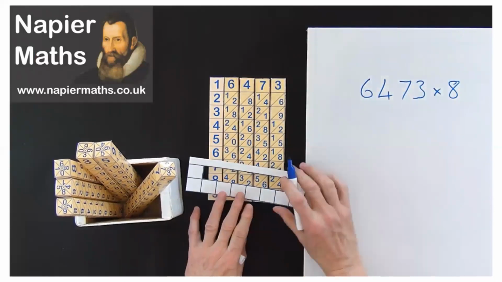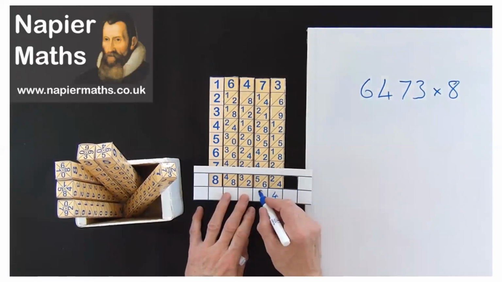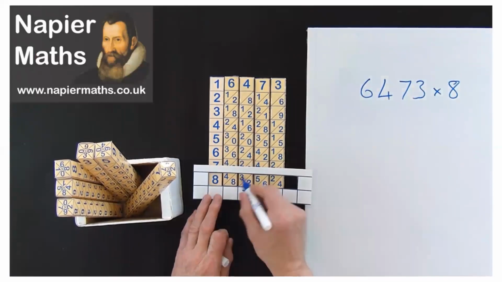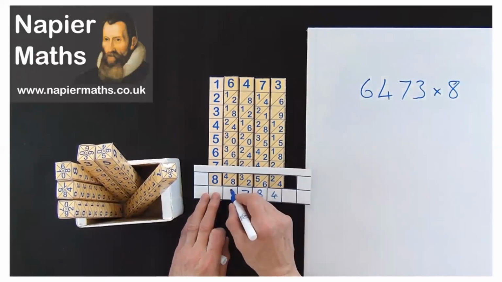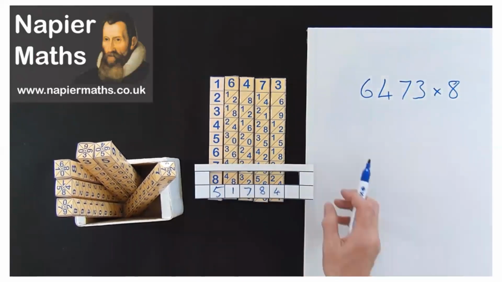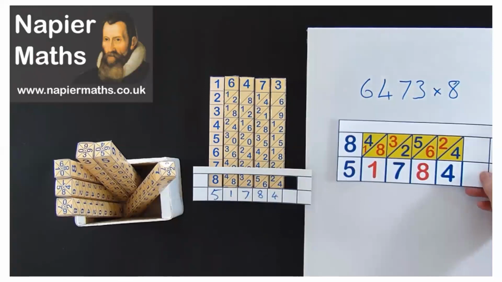So there's only 1 in the first bit there. So you get 4 there, 2 plus 6 gives you 8, 5 plus 2 gives you 7, 8 and 3 gives you 11. So that's 1, carry 1, and we get 5. So we get 51,784. Awesome. Now, I'd like to show you a bit bigger so you can see exactly where it's coming from.